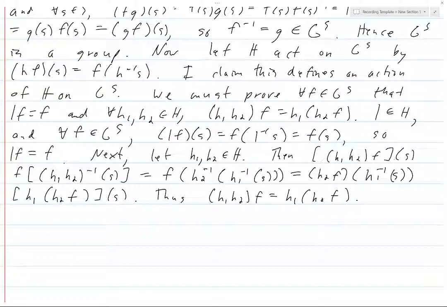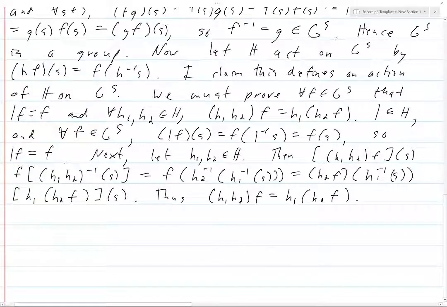Although I guess technically, if you do like h acting on f, I think I've seen this before, how does it work? h acts on f by f composed with h inverse. So when you act on, you are converting to composition.